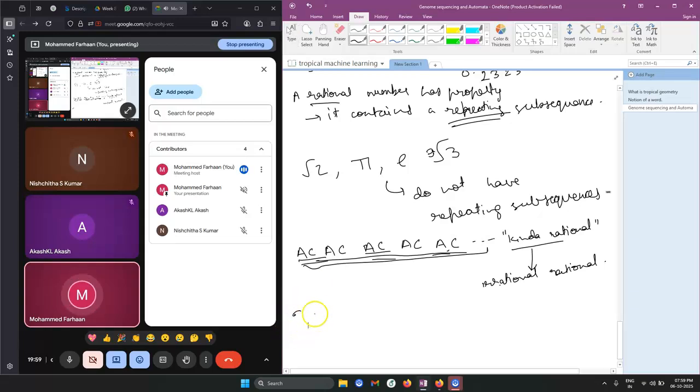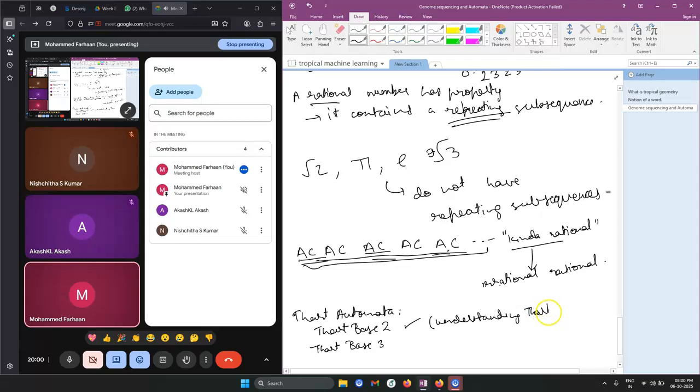Now, for our toy example, third in base 2 is what we're going to use, all three of us, to understand how thirds work. Third base 3 is for understanding state diagrams for thirds.